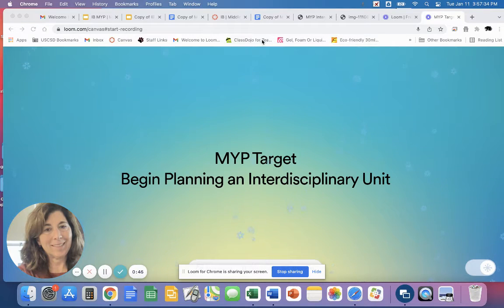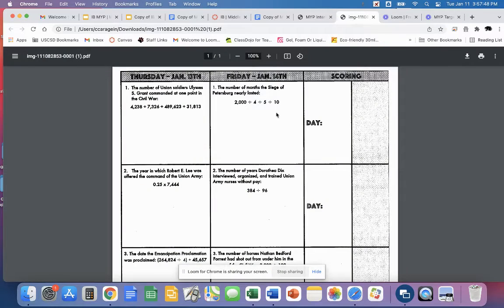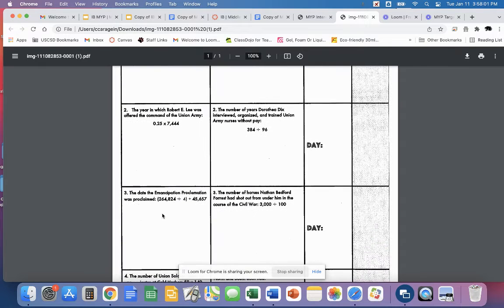For example, he takes the math problems that he uses for his math morning work, and I'll show you that. Questions from my Civil War unit can be added to his math morning work. For example, one of the questions this week was, what was the date of the Emancipation Proclamation?